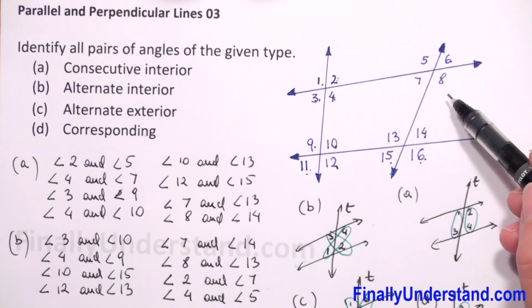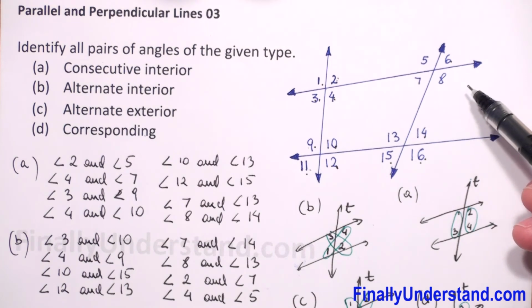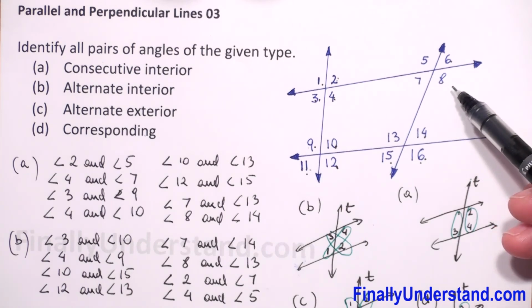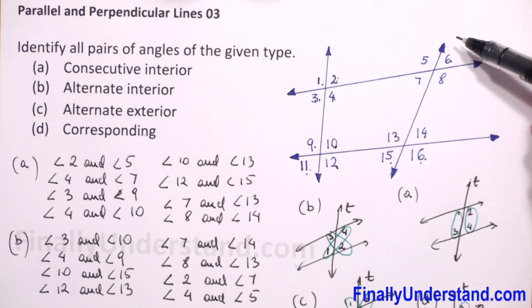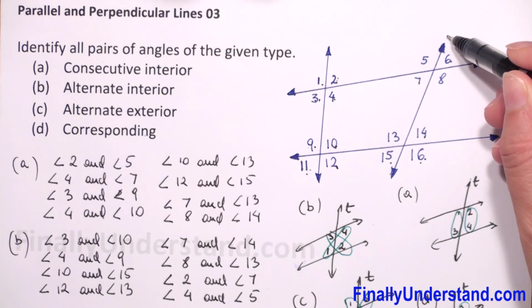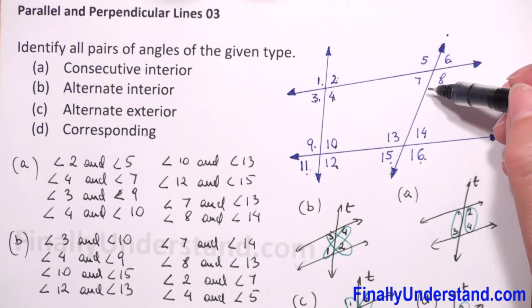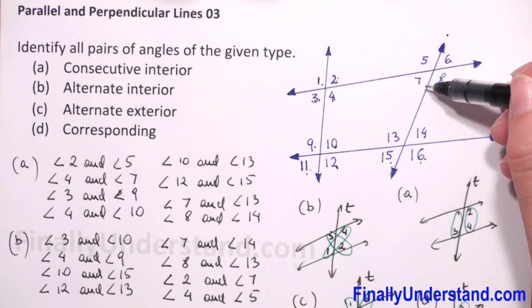Next, let's put that this is our transversal for these two lines. So we have to look at corresponding angles, so they are above lines, for example, and on the right side or on the left side of our transversal. It depends on where you are. If you are on here, for example, above lines and on the same sides we have to look at the angles.